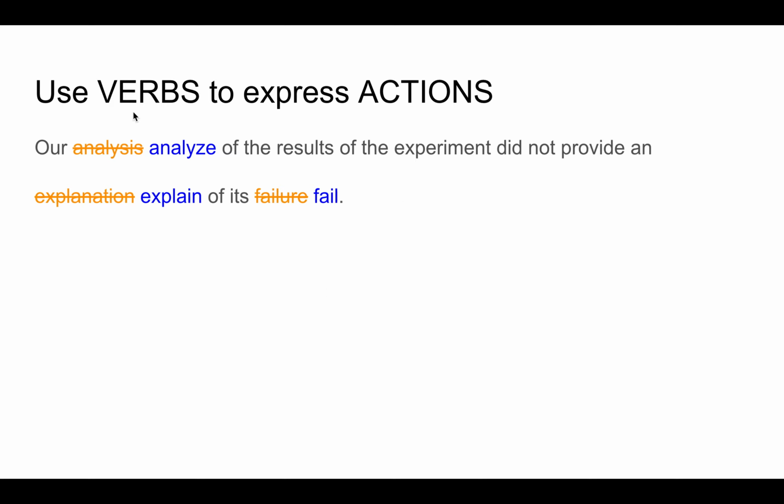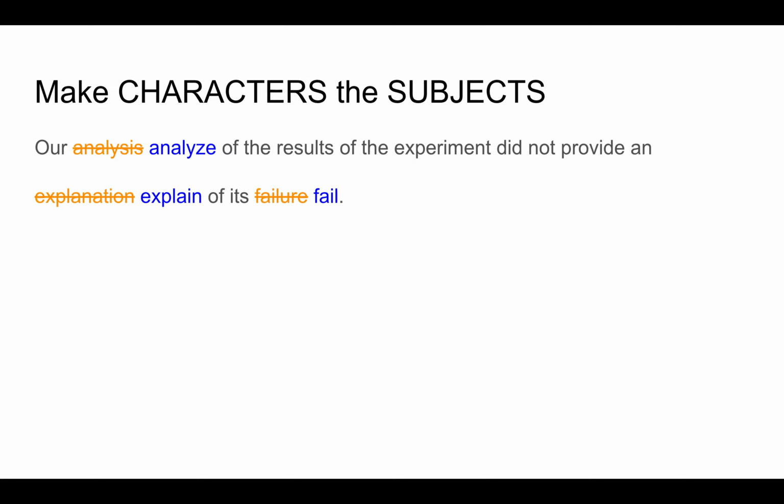Now obviously this sentence doesn't make sense as it is. Our analyze of the results. No, we have to fix that. Did not provide an explain of its fail. So now this sentence doesn't make sense, but we've changed those nominalizations back to verbs. So what's the next step? We need to make the characters the subjects. So who's doing the analyzing? We, right?